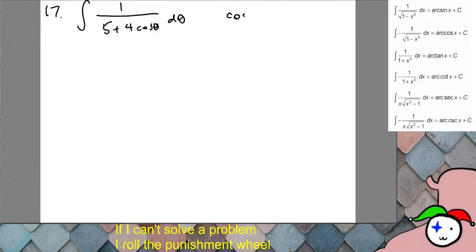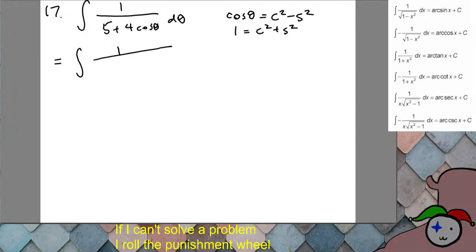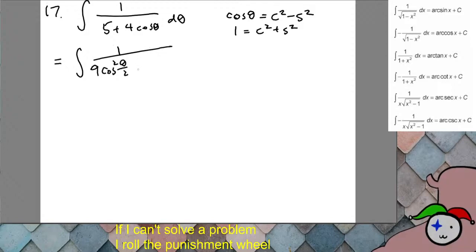so cos theta is cos squared minus sine squared. 1 is cos squared plus sine squared. Then you have here 1 over 5 times cos squared plus 4 times cos squared. So 9 cos theta over 2 squared. So then you take the difference, minus sine squared.